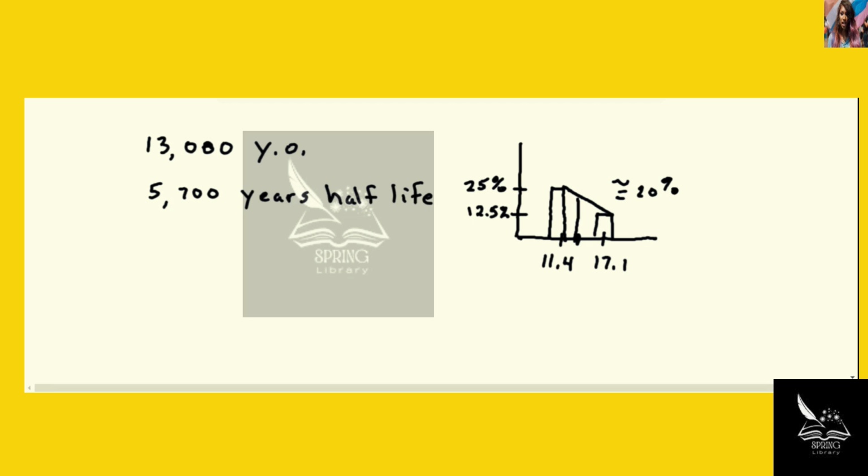There is also an equation for half-life. And the equation for half-life says that the amount remaining is going to be equal to the initial amount times 1/2, and that 1/2 is going to be raised to the time that has passed, the total time elapsed, divided by the half-life.